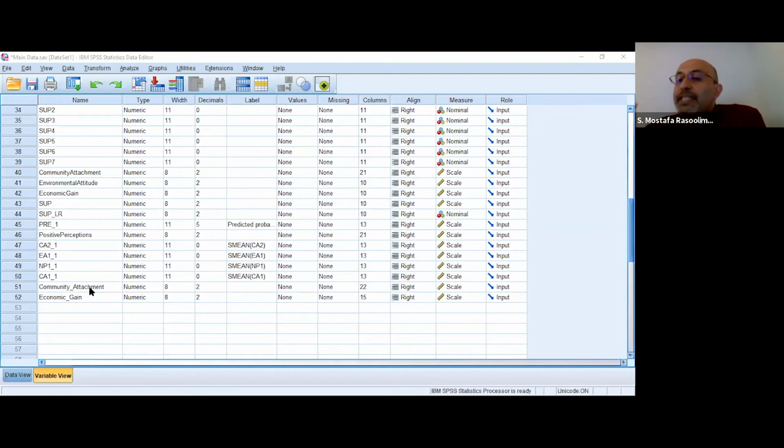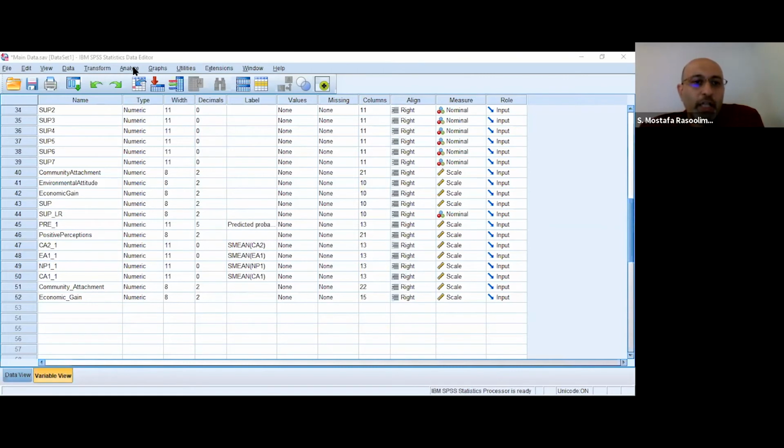We want to see, is there any significant difference between our sample and the community average or not? And we want to see whether the community attachment of our sample is stronger or weaker than the average community attachment of this specific community. So if this is our objective and hypothesis, we have to use single sample t-test, right? Because we want to compare with a specific value.